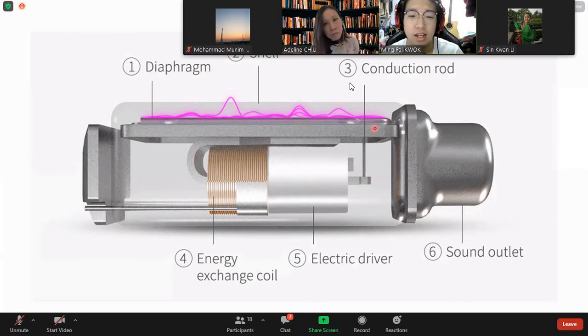It's connected to a metal piece in the sound outlet, so any vibration from the electric driver and the coil moves it and provides vibration for the sound outlet.